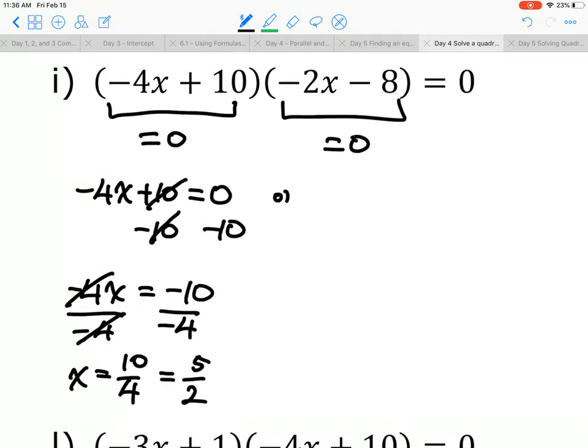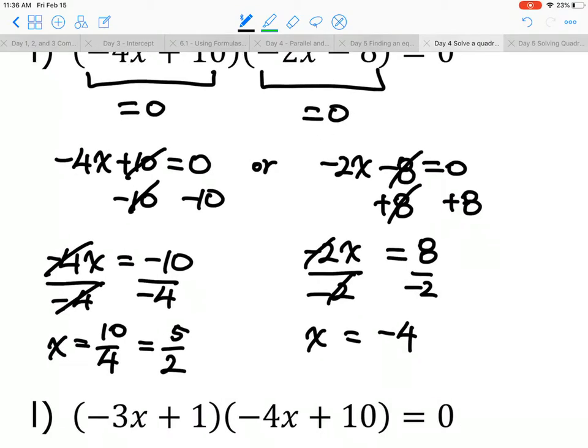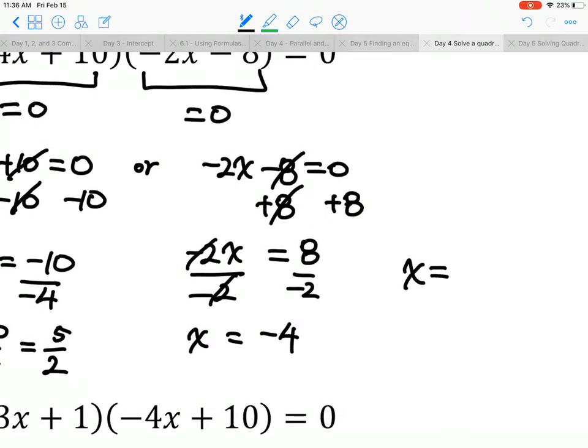Same thing over there. Or negative 2x minus 8 equals 0. So add 8 on both sides. So negative 2x equals 8, divided by negative 2, so that you will only have x at the end. Now 8 divided by negative 2 is negative 4. So in the end, your answer is 5 over 2 or negative 4.